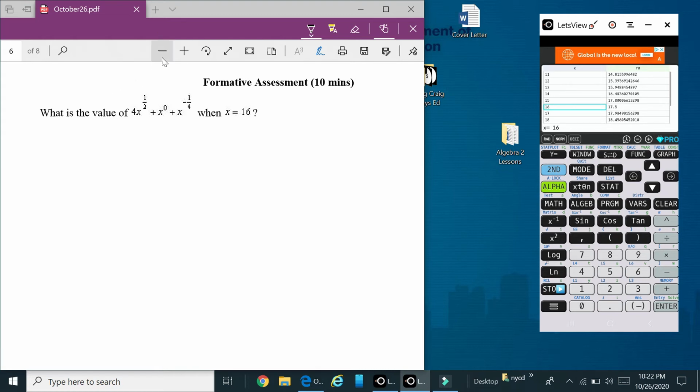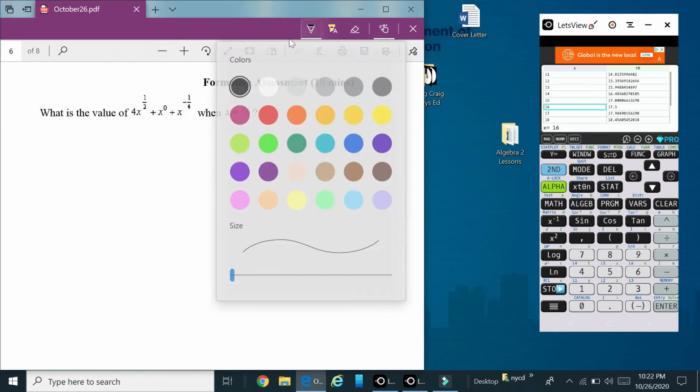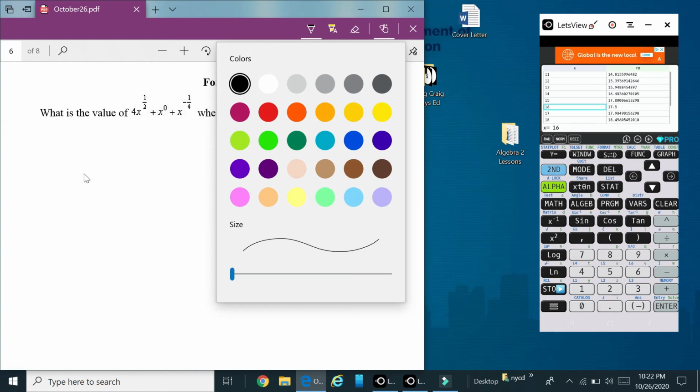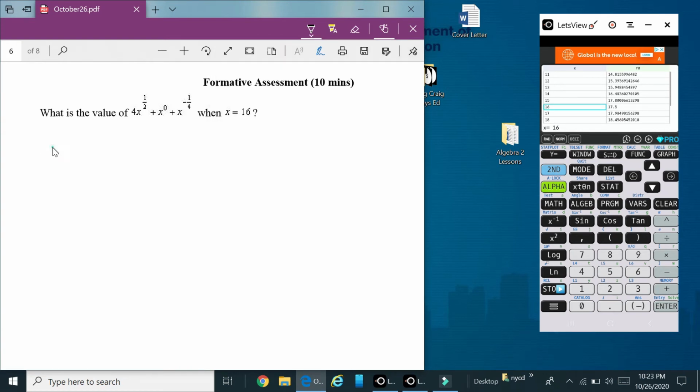So, okay, it would be 4, 16 times 1/2 plus 16 to the 0 power plus 16, put that in parentheses, to the negative 1/4.